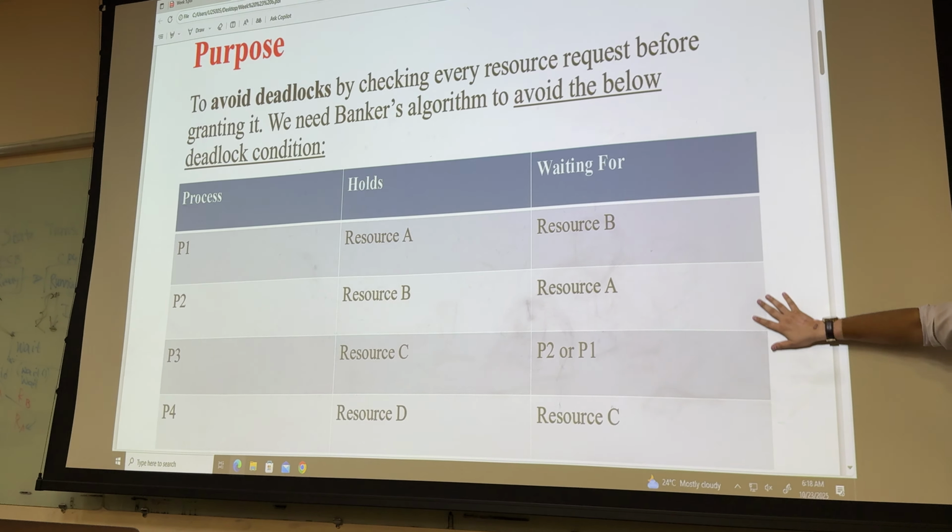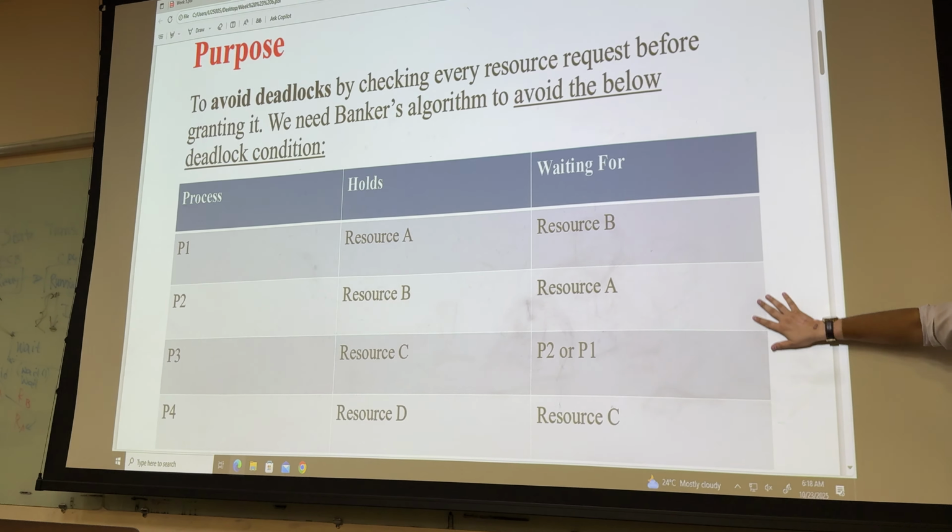And in total, 10 plus 5, 22, right? So in total, inside your bank right now, you have 22 resources. Okay, 22 resources. So allocation, or hold, basically means what each process is holding, okay?